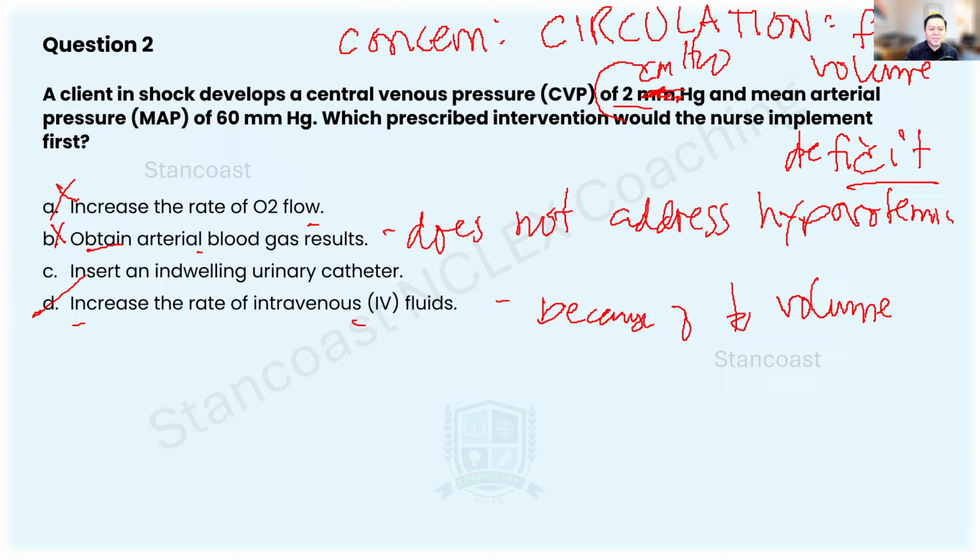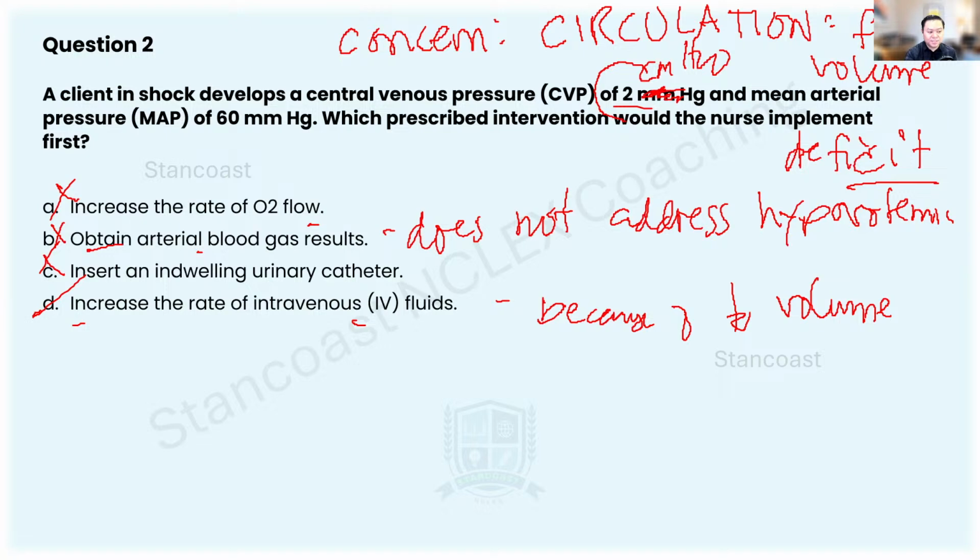Yeah, this can be a secondary or maybe a necessary intervention only if there is a need for us to monitor exactly the urinary output and the kidney function, but it's not going to address the hypovolemia. It will only measure the urine output hourly. So we are eliminating this one.